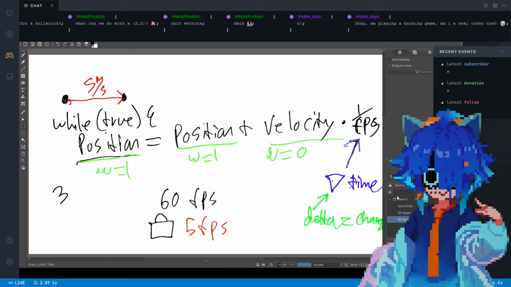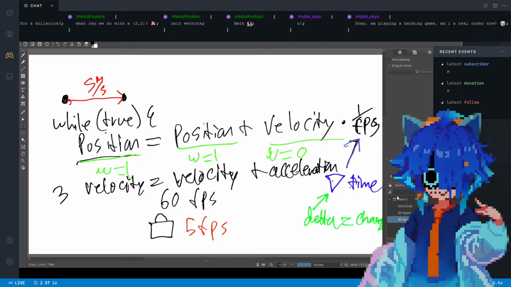And then if you add in velocity equals velocity plus acceleration, that will carry you even further. Until you start getting into multiplayer, where we need to worry about synchronization. And then you need to apply half of that before and another half of it after.